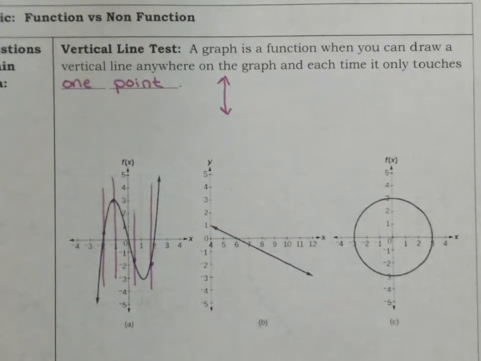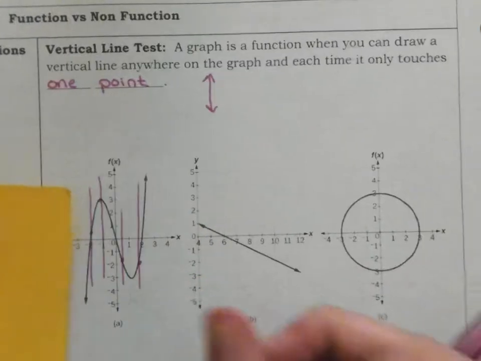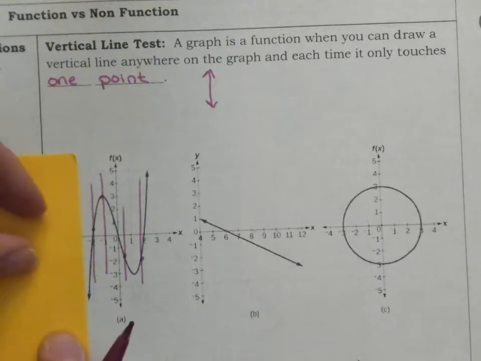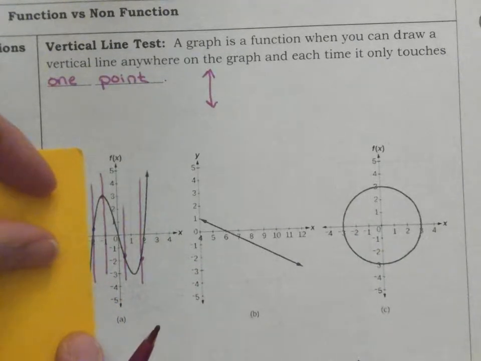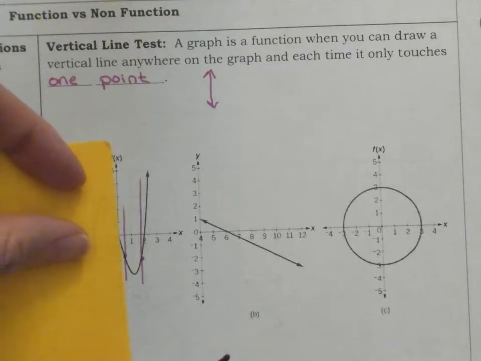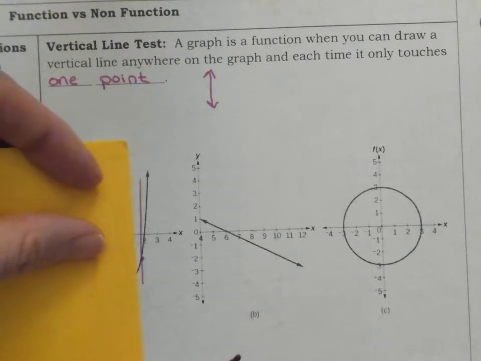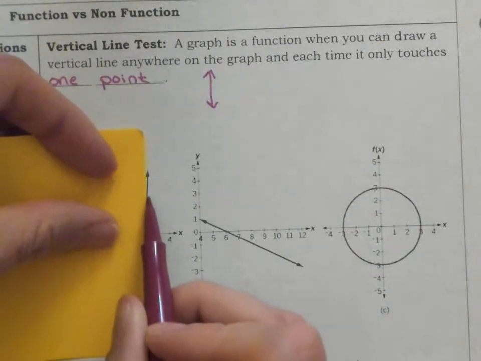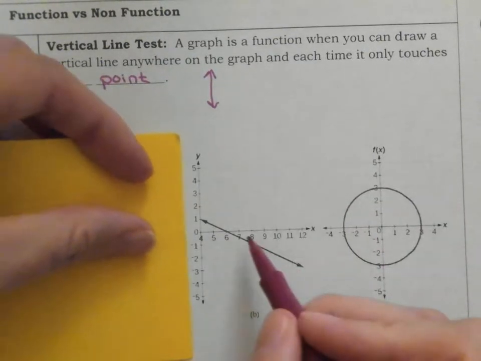Okay. Another way to look at it is if I take a Post-it note here, and it makes a vertical line. If I slide it across the graph, every time it's only touching the graph at one point. Okay, the edge of the Post-it note is only touching at one point. Same thing here.